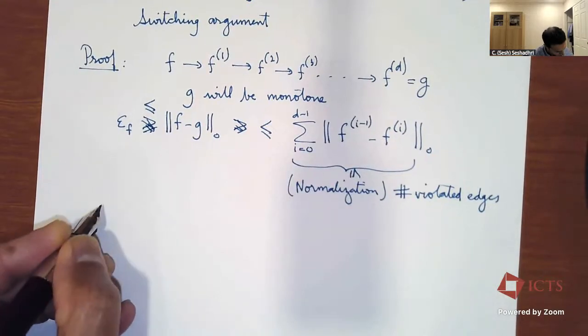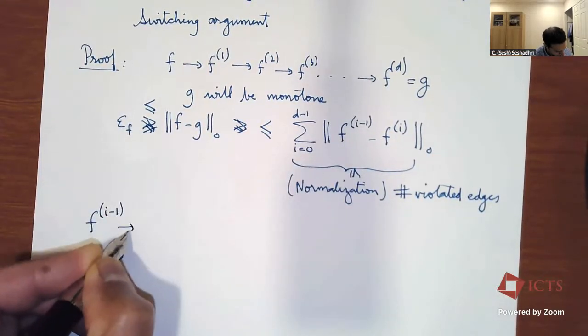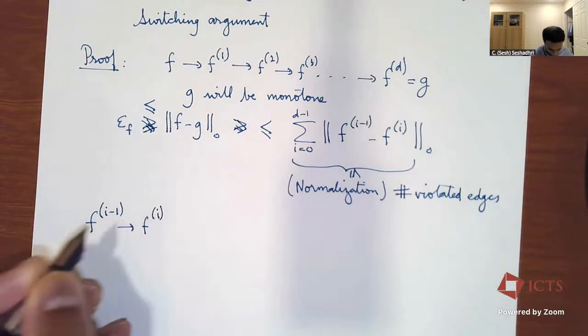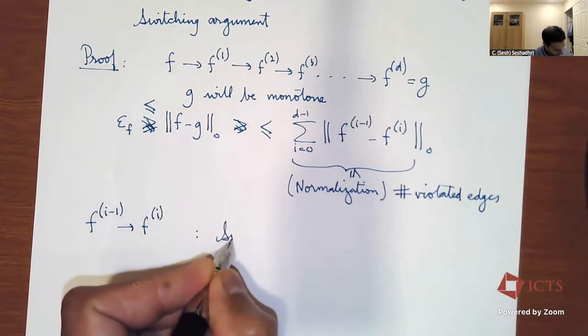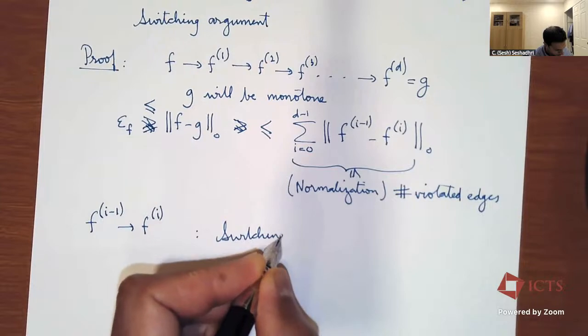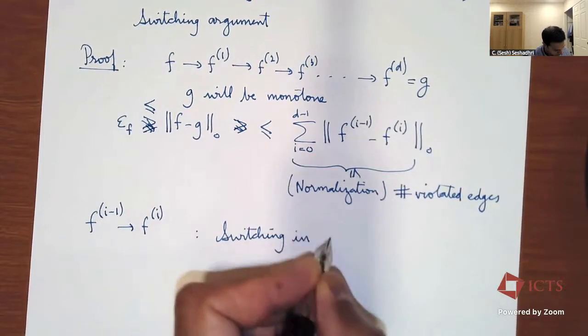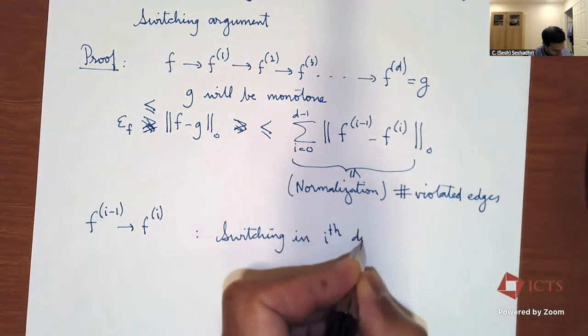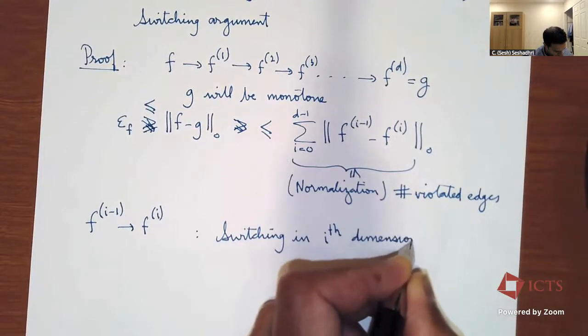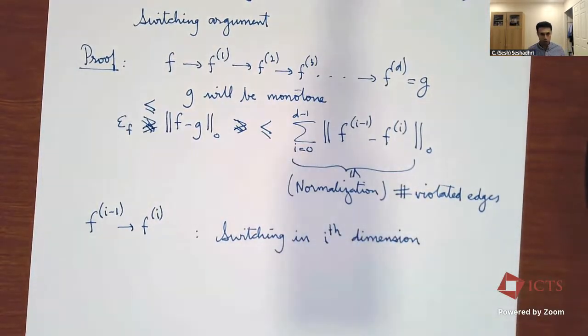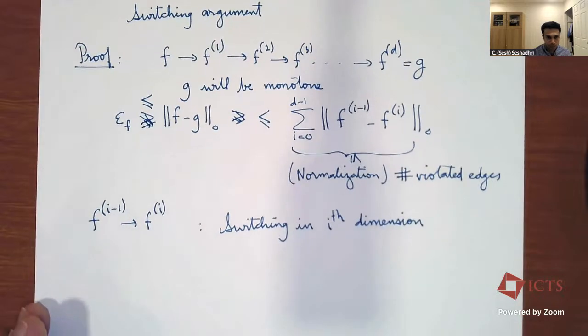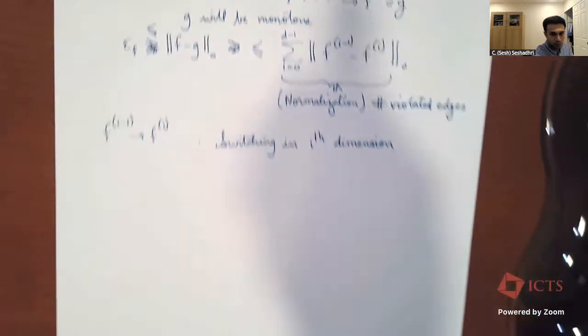And so what is the process that goes from f_{i-1} to f_i? This is something that I will call switching in the ith dimension. Let me zoom out a little bit.